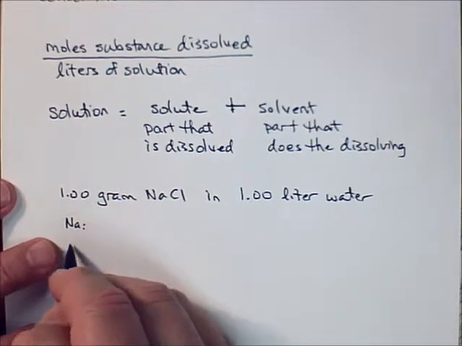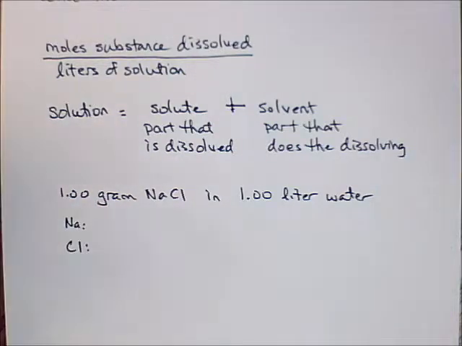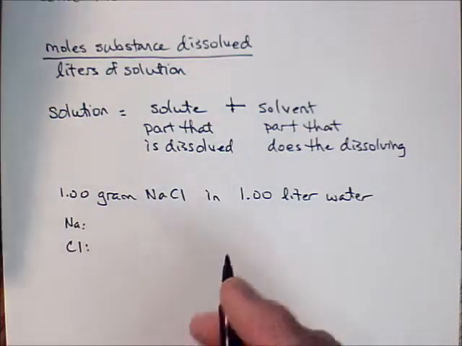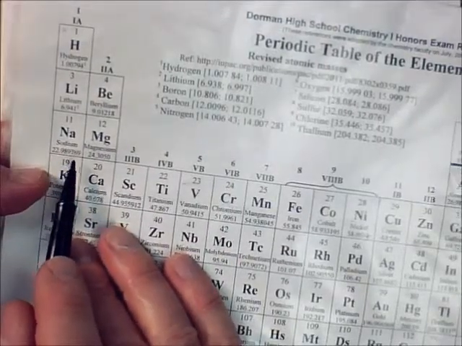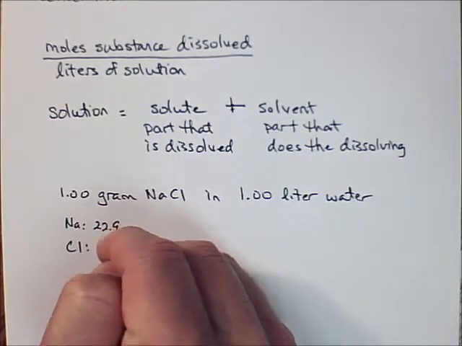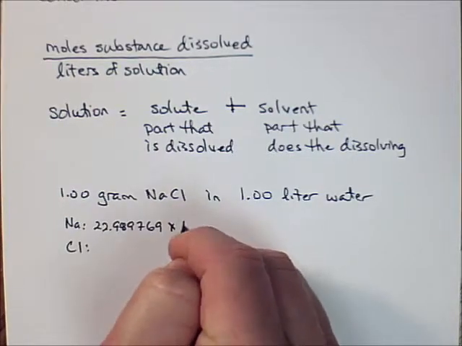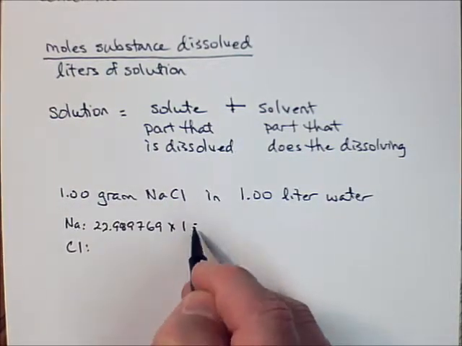So here's our sodium and here's our chlorine. Get our periodic table out and find the atomic mass of both the sodium and the chlorine. The atomic mass of sodium is 22.989769, and we only have one of those in the formula.